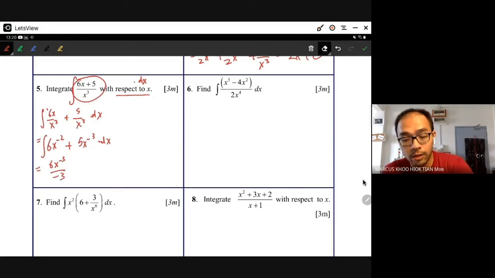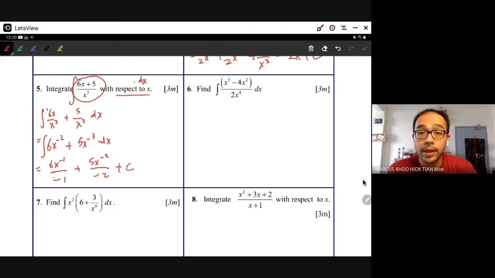It should be minus 1. So kita tambah 1. Okay, minus 1 over minus 1 plus 5x minus 2 over minus 2 plus c. Then you simplify it, you will get minus 6 over x minus 5 over 2 x kuasa 2 di bawah tambah c.